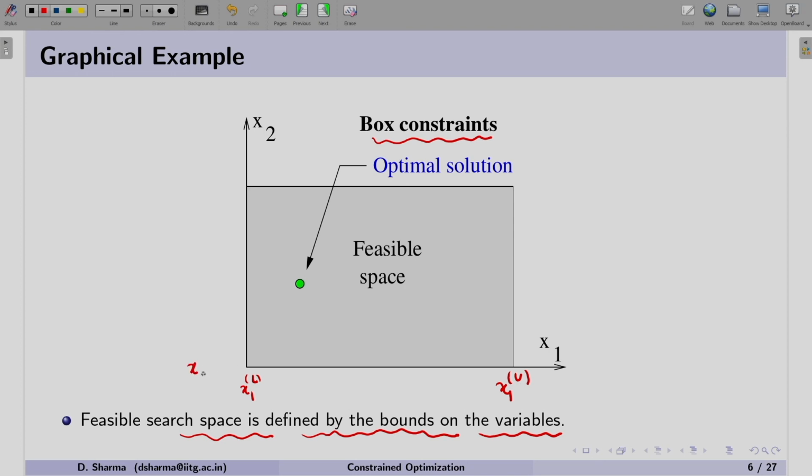Similarly, we can have a lower bound on x2 and an upper bound on x2. So, these bounds make this particular region feasible, and when we run any optimization algorithm, we will get this optimal solution, which is represented by the green color.